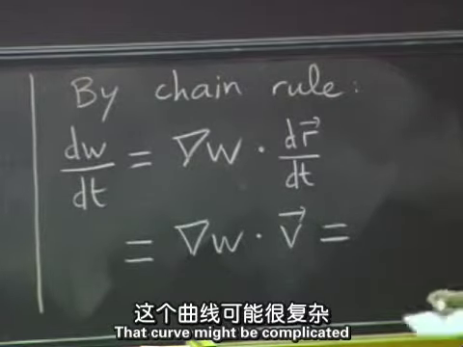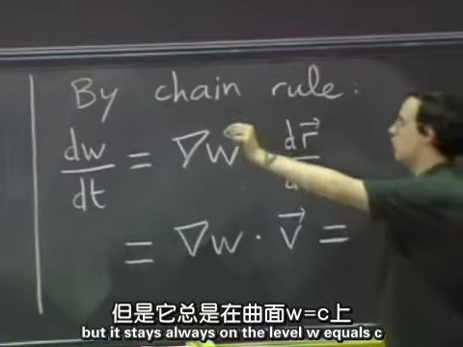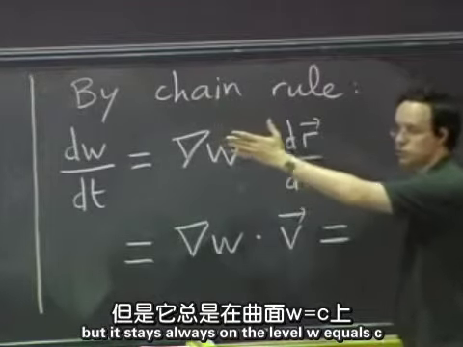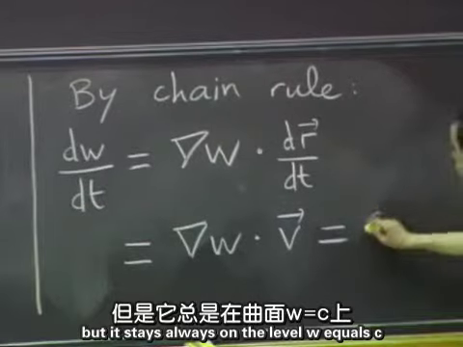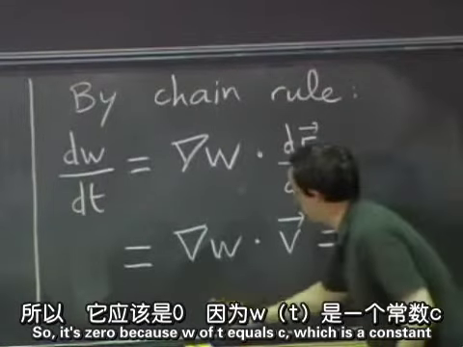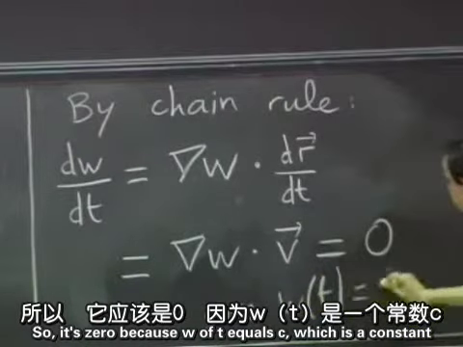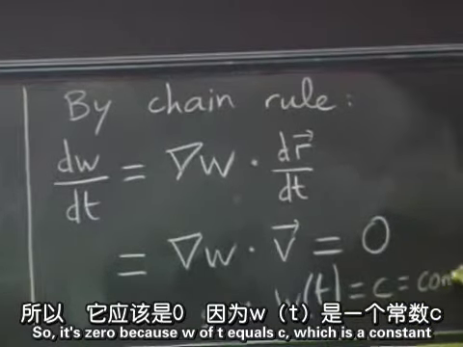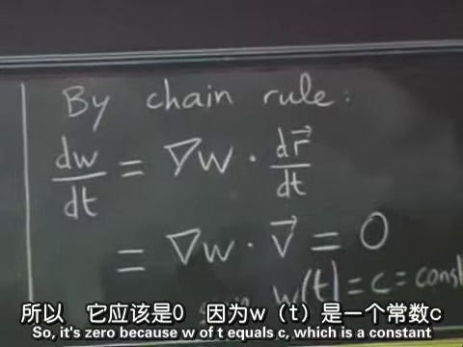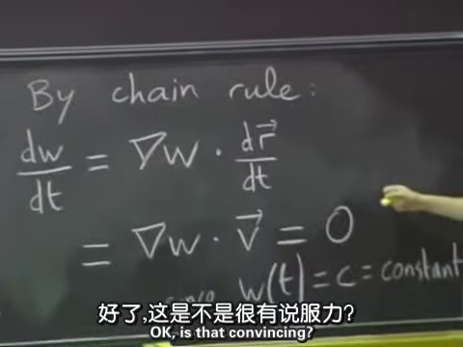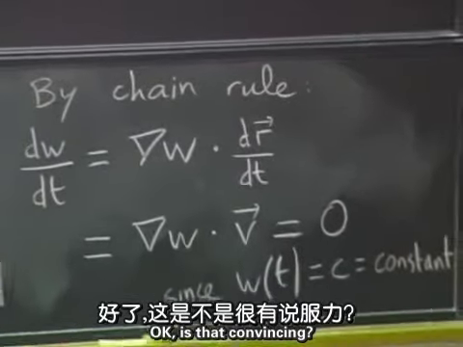That curve might be complicated, but it stays always on the level W equals c. So it's 0 because W of t equals c, which is a constant. Okay, is that convincing? Yeah.